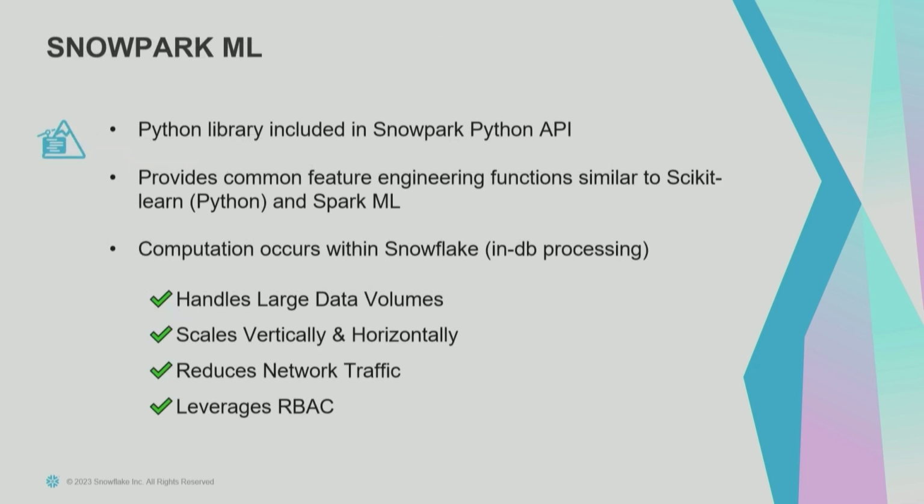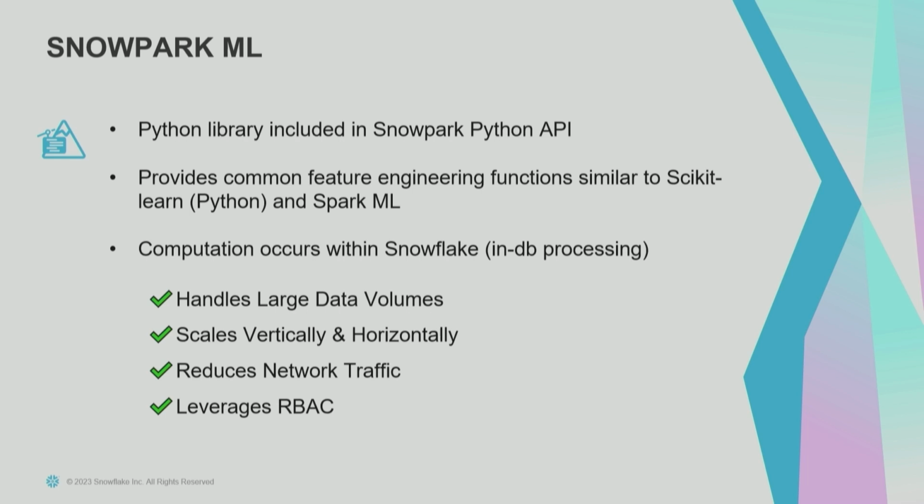So I'm going to talk now about Snowpark ML. Last year we evaluated the Snowpark for Python API. And we were very excited with the Snowpark data frame concept that allowed us to create and establish a session with our Snowflake data and also do some of the common analytical functions in database processing, pushed down to the database.